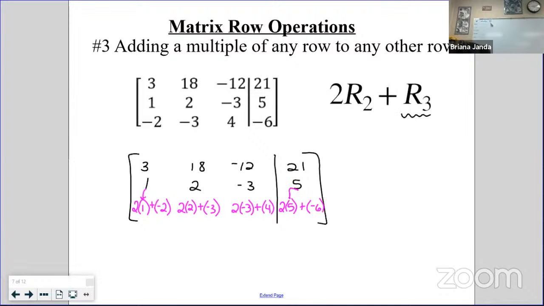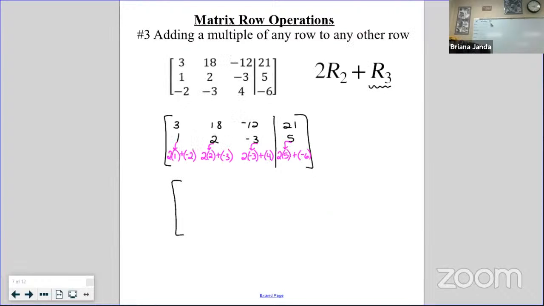So you can see row 2 is showing up right here. I'm taking 2 times that number and adding it to what was in row 3. Again, this part does not necessarily need to be shown. It's the result that we're looking for.